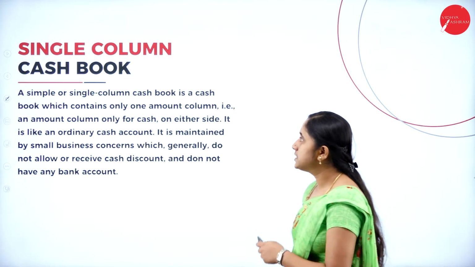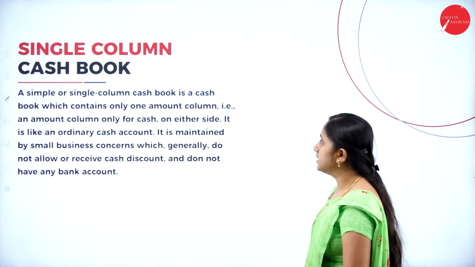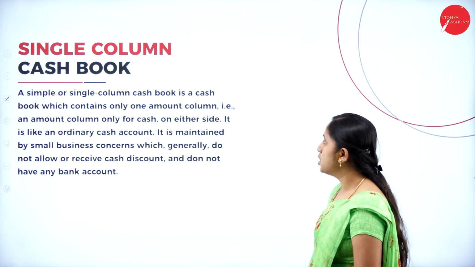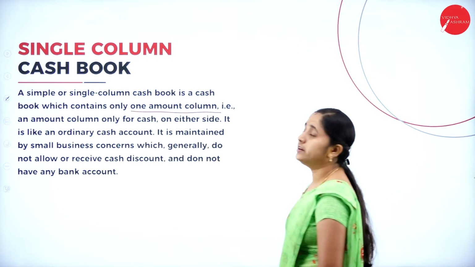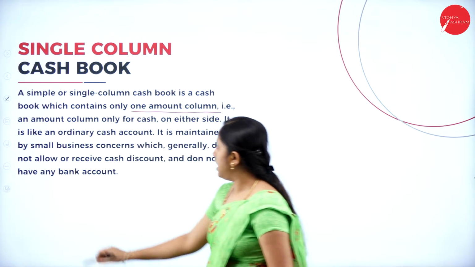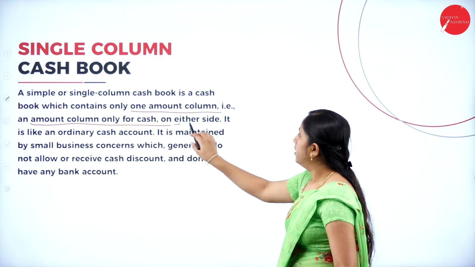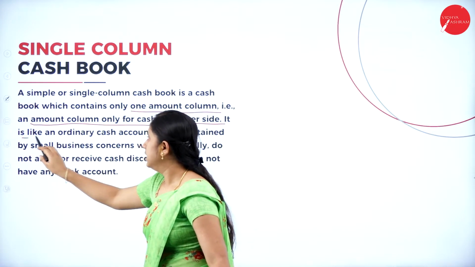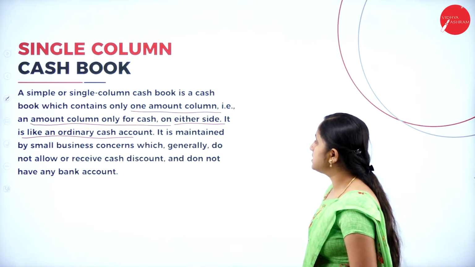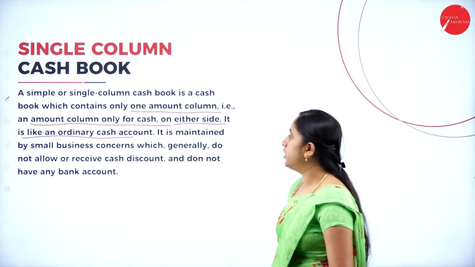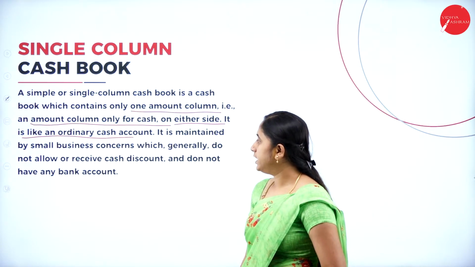Under that, first, the single column cash book. A simple or single column cash book is a cash book which contains only one amount column, that is, an amount column only for cash on either side. Like an ordinary cash account, it is maintained by a small business concern which generally does not allow or receive cash discount and does not have any bank account.